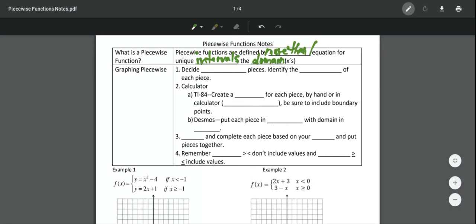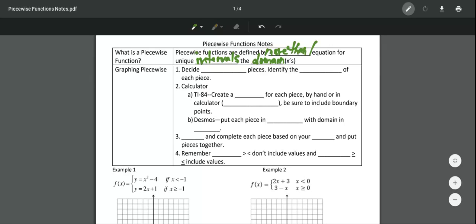And so when we're graphing the piecewise functions, we want to first decide what pieces we have, okay?